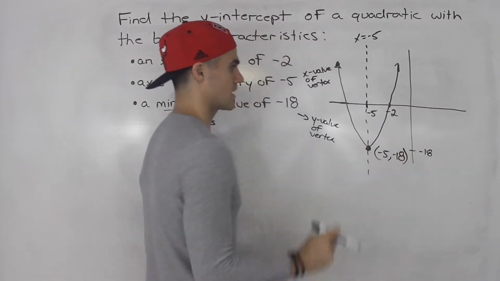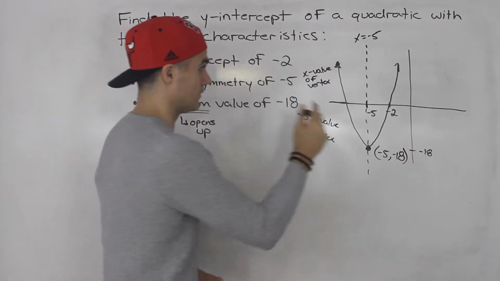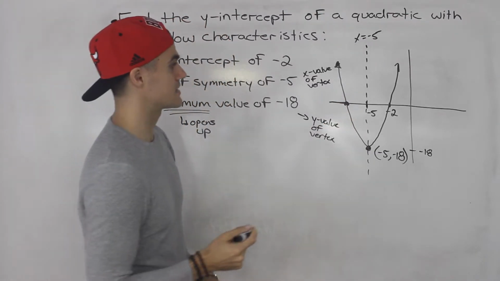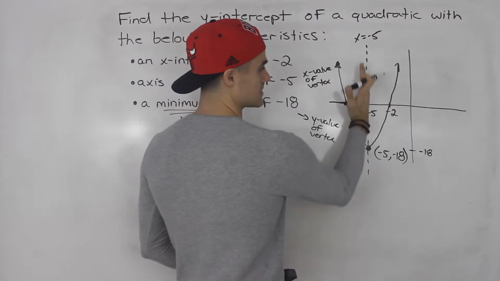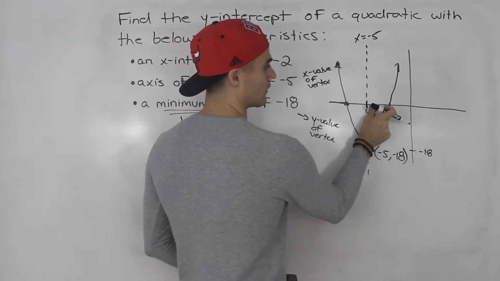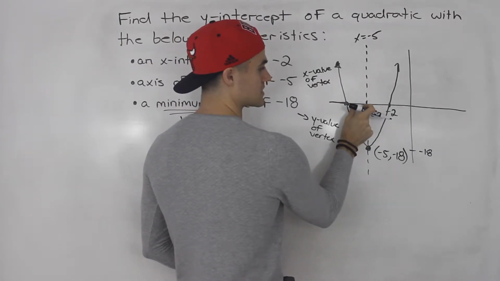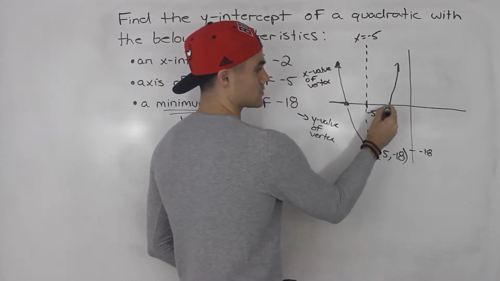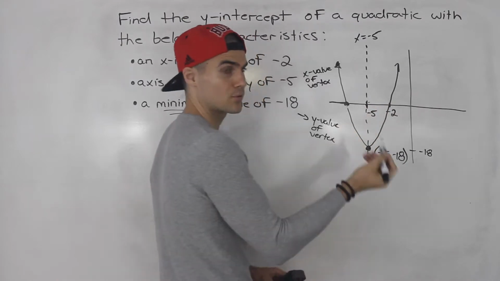It has an x-intercept of -2. Now notice we can get the other x-intercept pretty easily, because the distance from the axis of symmetry to one of the x-intercepts is the same as the distance from the axis of symmetry to the other. From -5 to -2, that's a distance of 3.